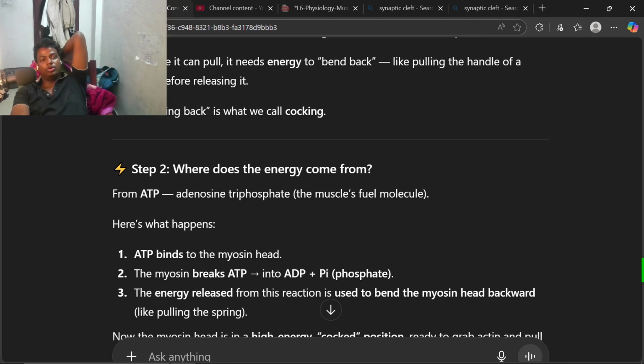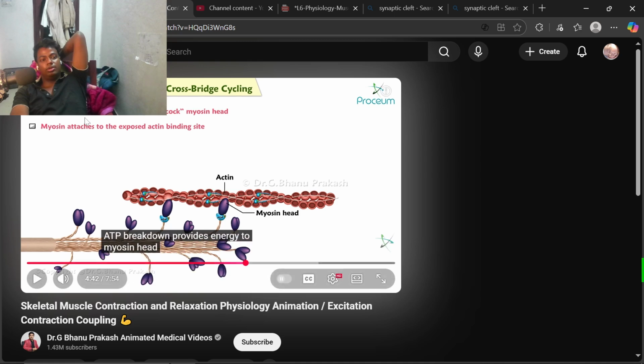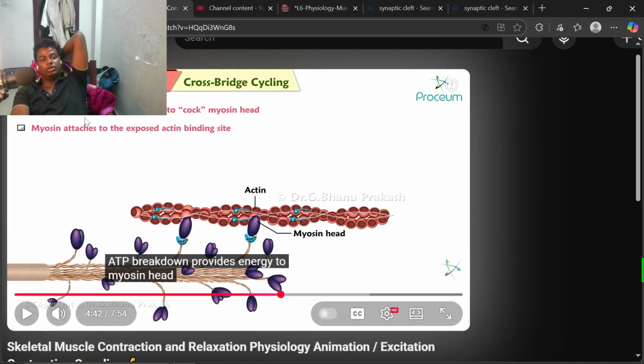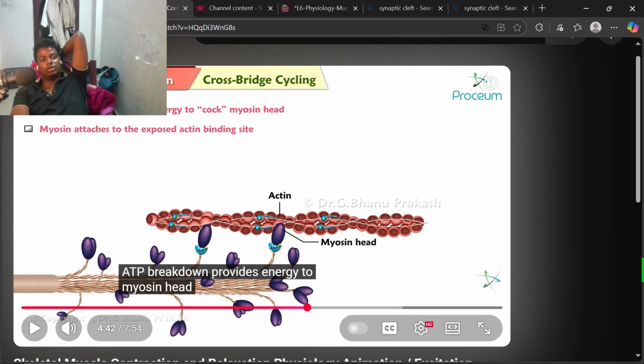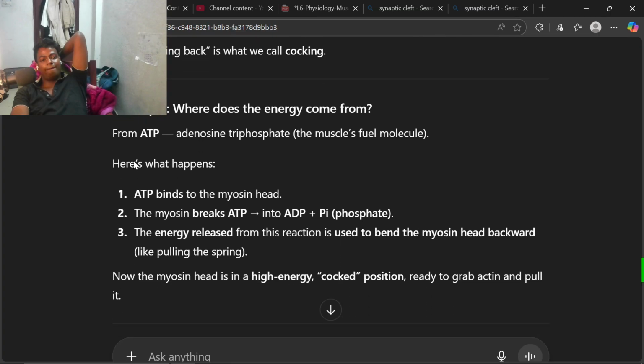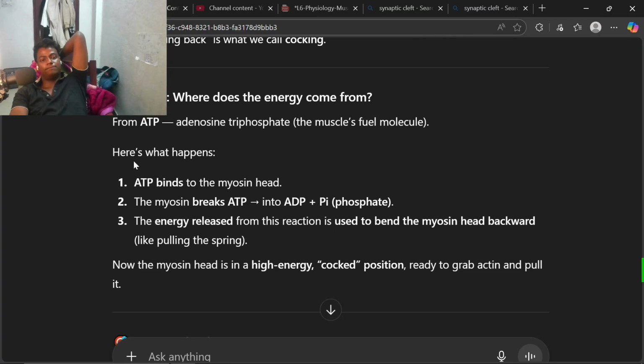So what was the fact again? ATP provides energy to cock the myosin head.